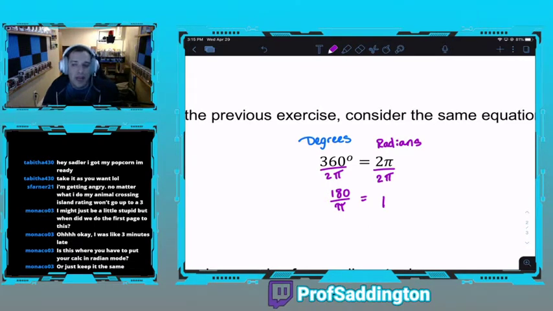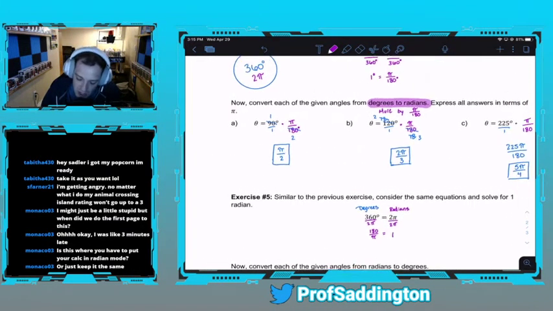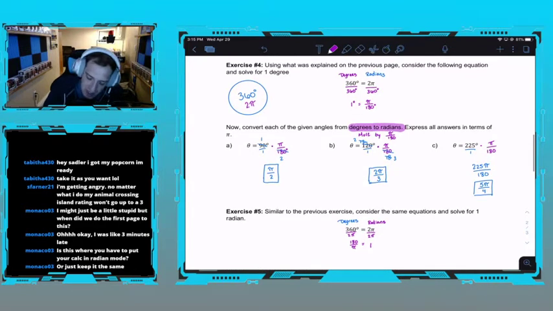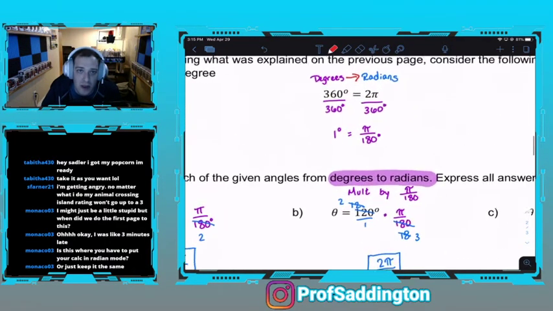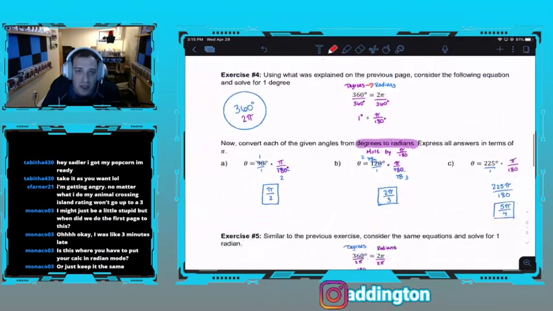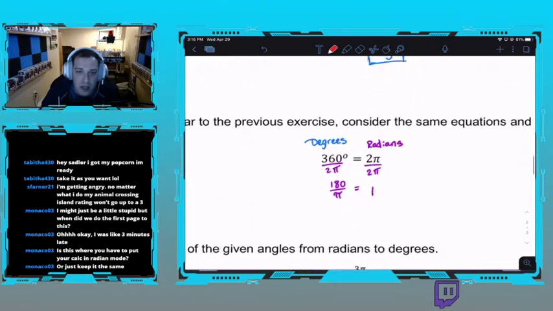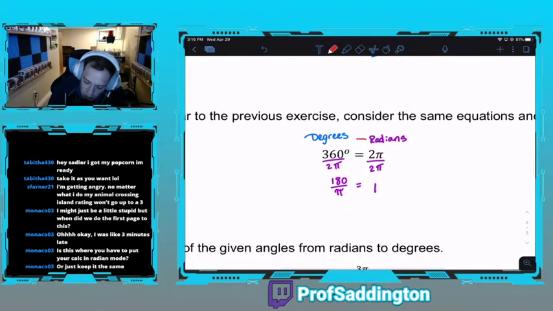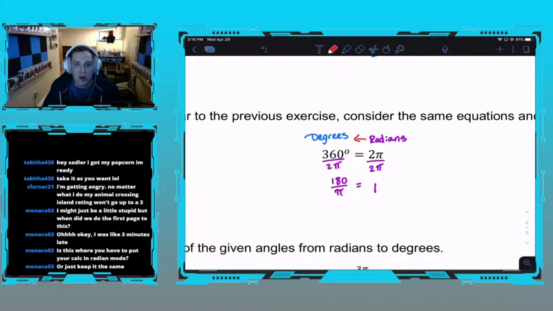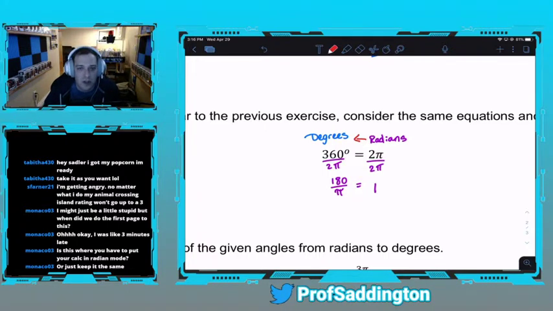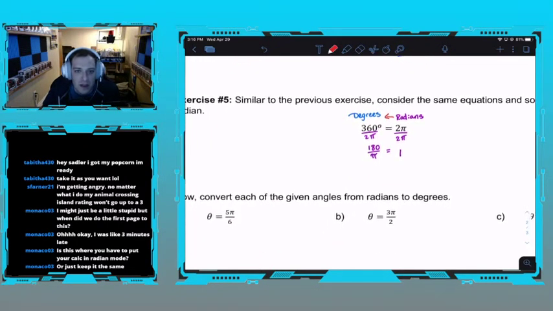So depending on how the question's asked, you have to know which way the fraction's going to go. So up top, we did degrees to radians. So we went from left to right. So I'm just putting a little arrow in there if you're having a hard time seeing it. Now down here, we're going to go the other way, and now we're going from radians to degrees. We're just going backwards. So if you go backwards, the fraction's just going to flip over.